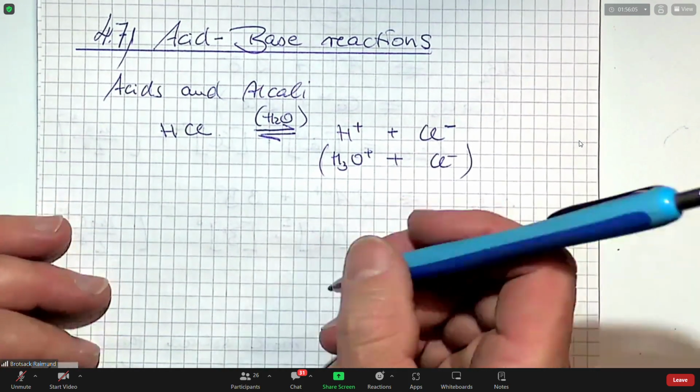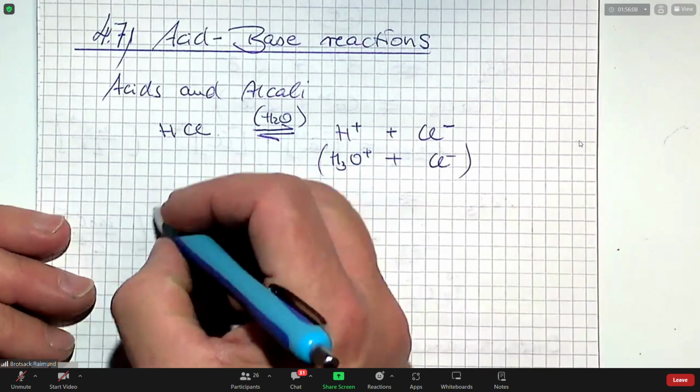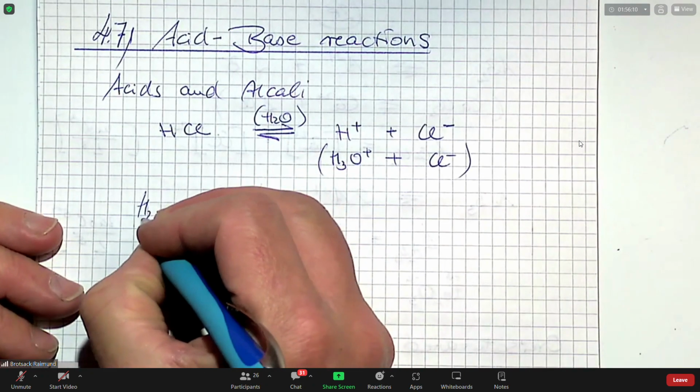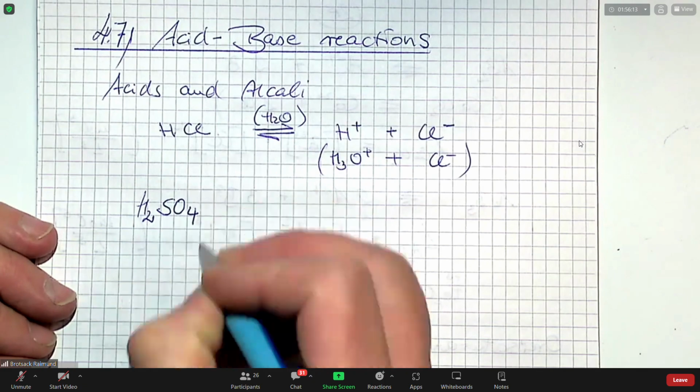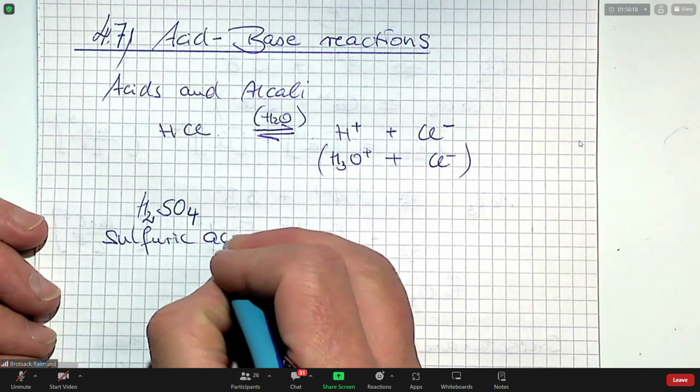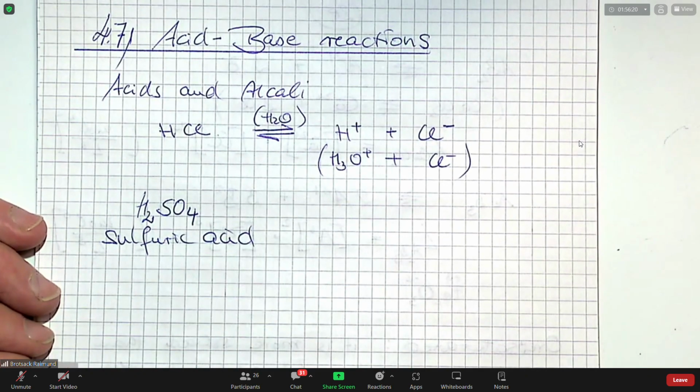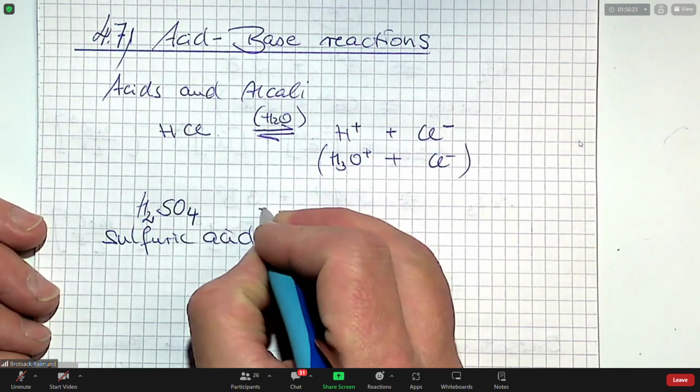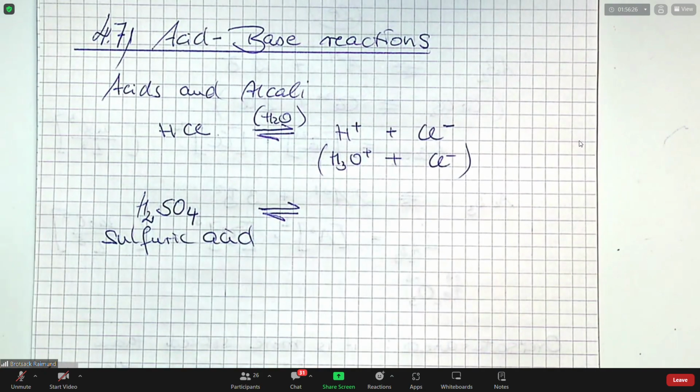Another one is the sulfuric acid, H2SO4, right? Here is another acid. We call it a 2-protonic acid. This is a 1-protonic acid. We just have one proton, which could be spent. Here we have two of them, H2.